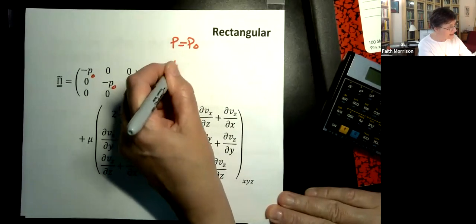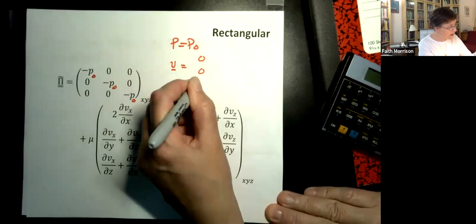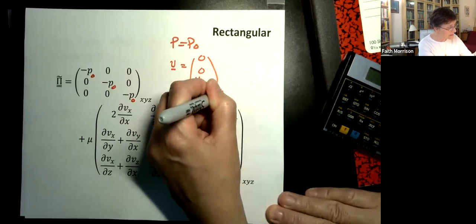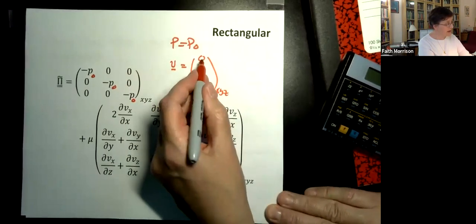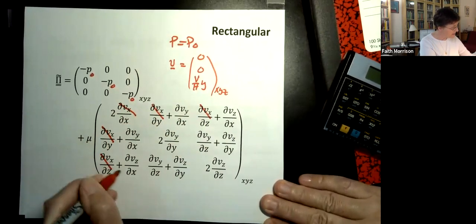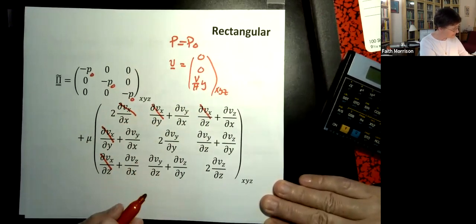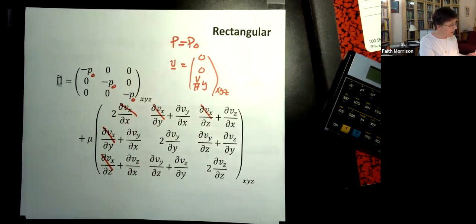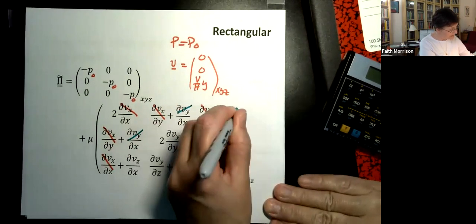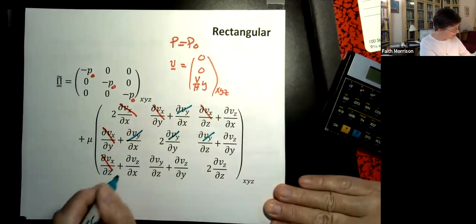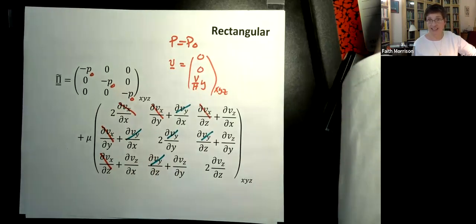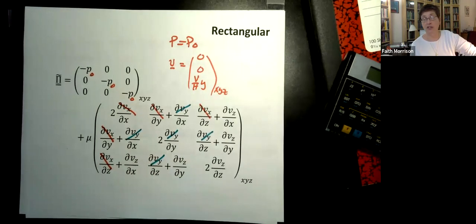So the velocity was equal to (0, 0, V over h times y) in this coordinate system. This means everywhere I see a vx, that velocity component is 0. And everywhere I see a vy, that velocity component is 0. The vz velocity component is not 0, but it's not a function of all the variables.